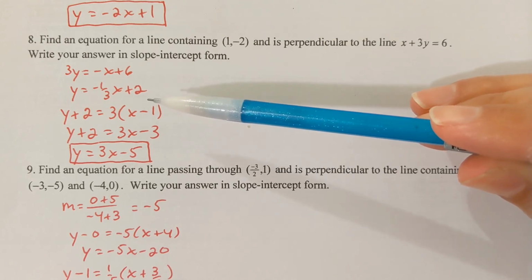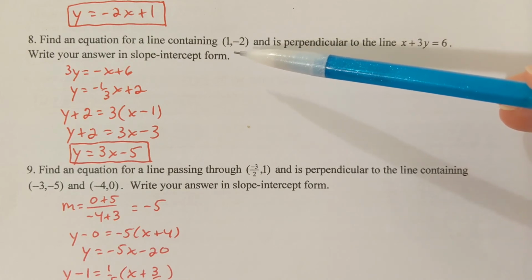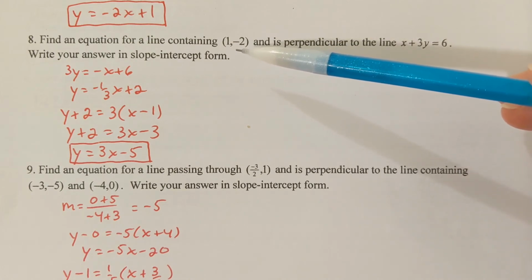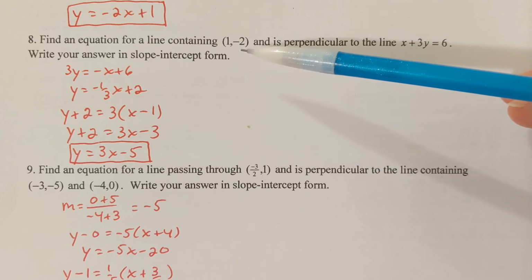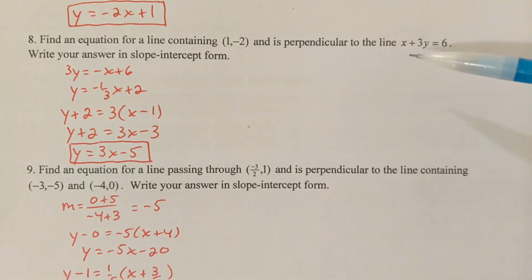So this is the line that I'm given. This is a line that is on some other spot, and I've got to find another line passing through and perpendicular to this one that's given here.